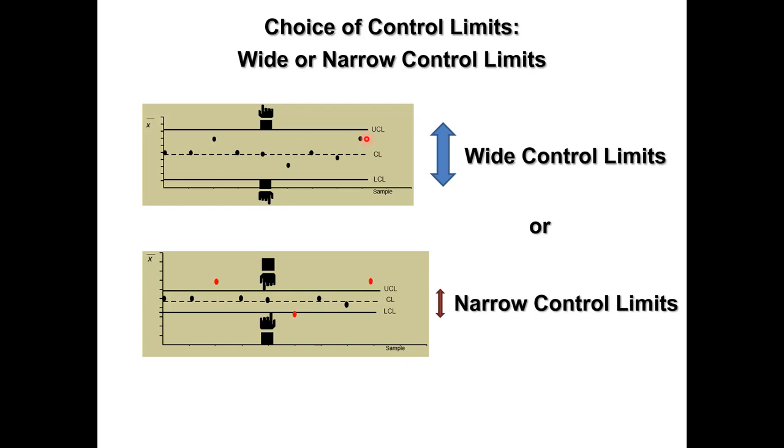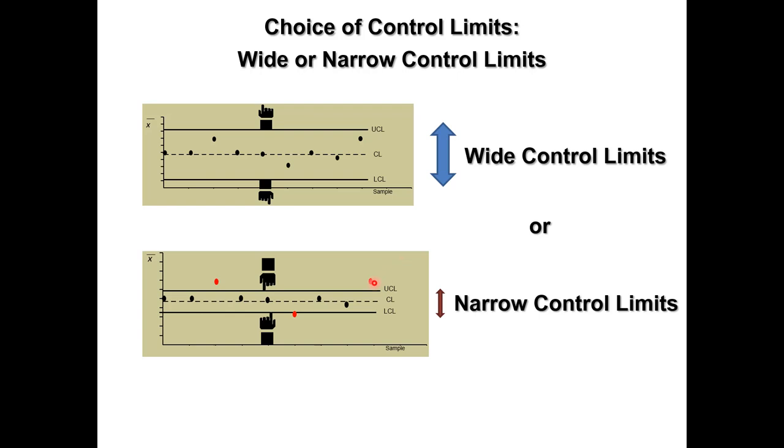The other situation is whereby you have narrow control limits. For narrow control limits, it can lead you to the problem of a false alarm, meaning that this point is not actually a problem to the process, but due to the choice of control limits, the control chart will show that this point has resulted in an out of control process.